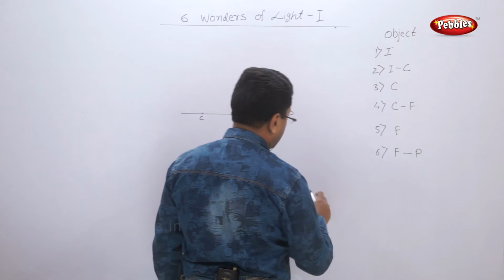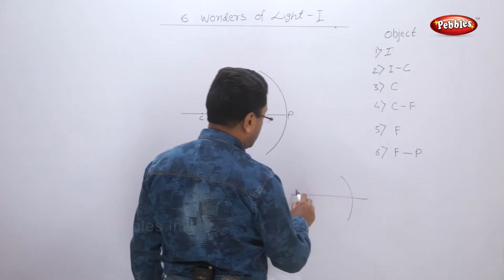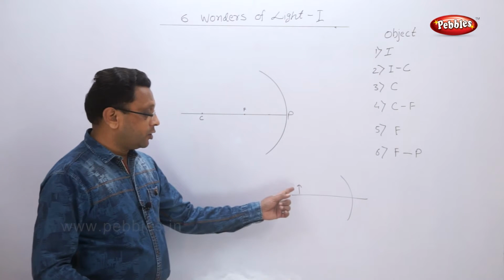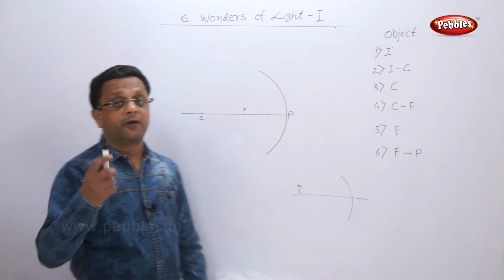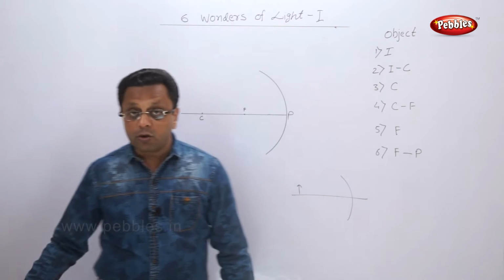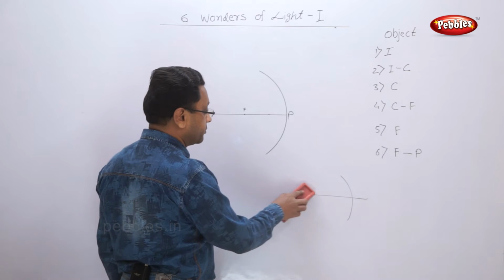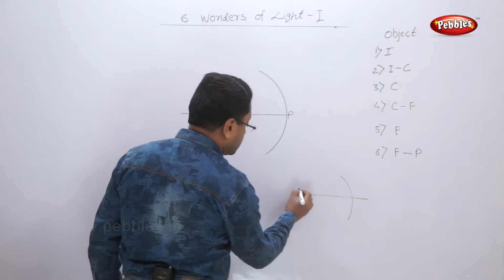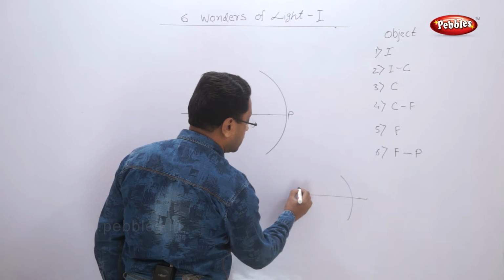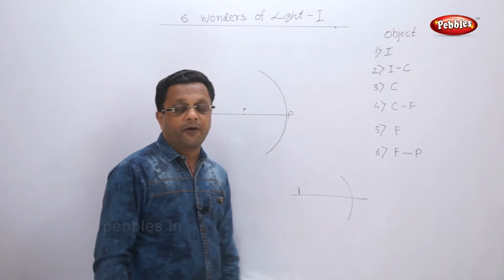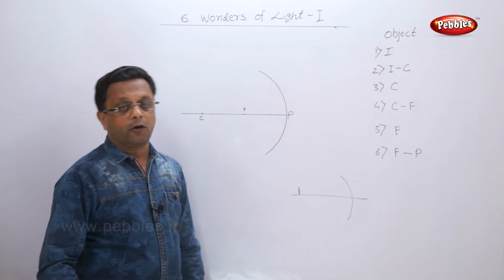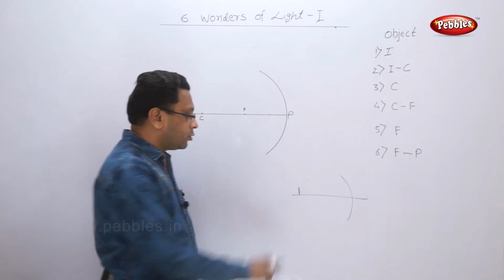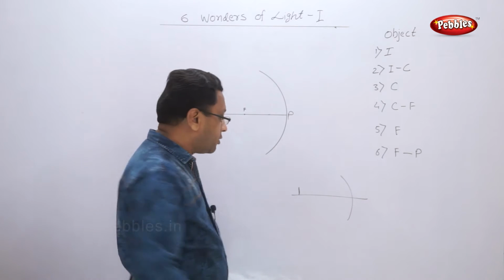I am drawing a rough figure. Suppose this is your object. Generally an arrow is shown in the figure, but whenever you are drawing in the exam, don't show the arrow in the beginning, because we want perfect points. The arrow will disturb your point. If you miss the perfect point, your image will not be at the right place. So don't draw the arrow first, only draw a straight line.